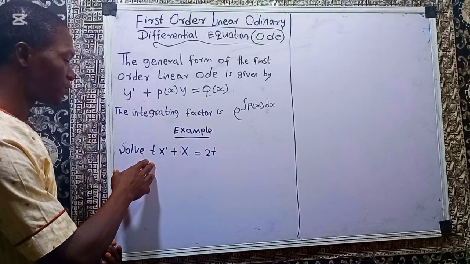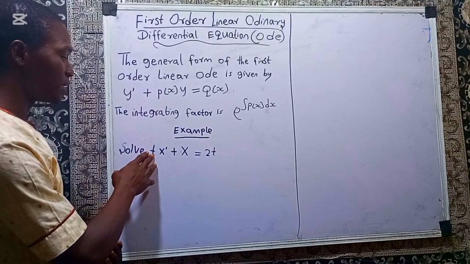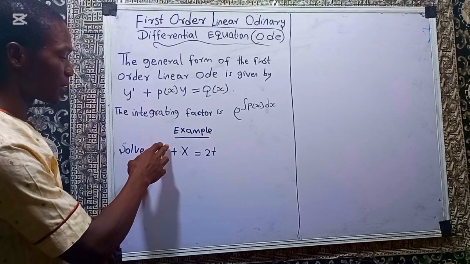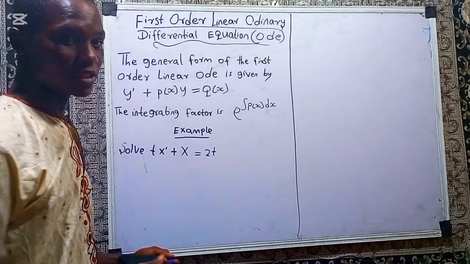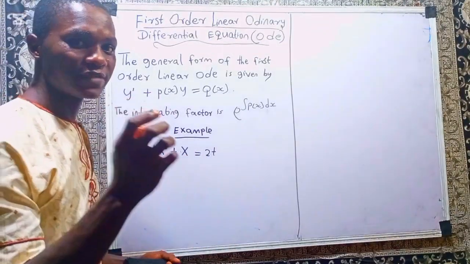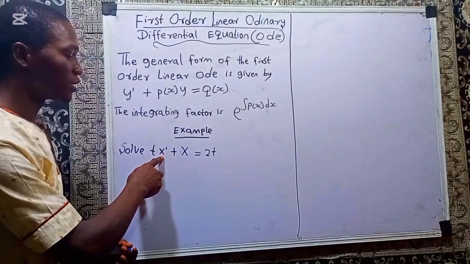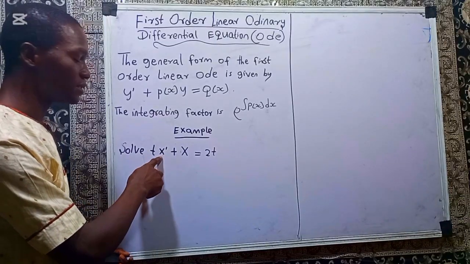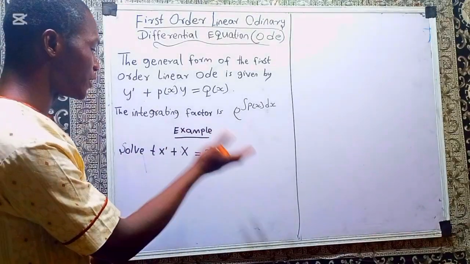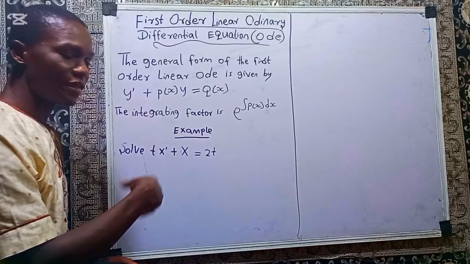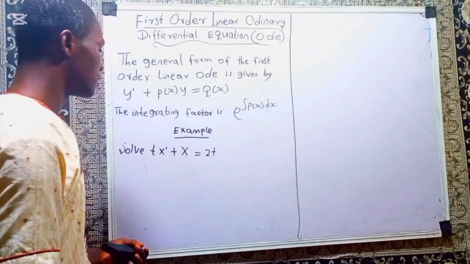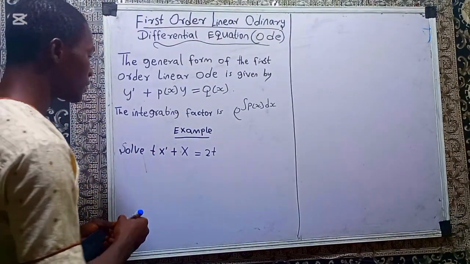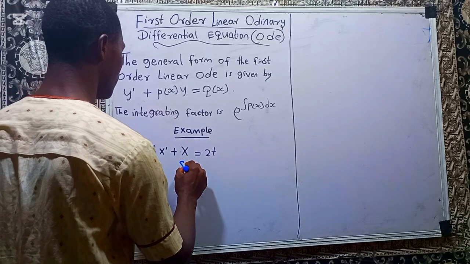They asked us to solve this problem. t x prime plus x equals 2t. Now the one that has derivative sign is x. So in this problem, x is the dependent variable, while the other variable, which is t, is the independent, right? Now let's start solving.